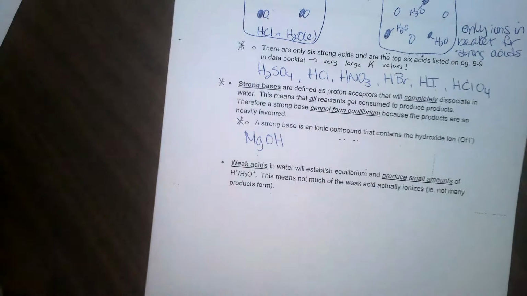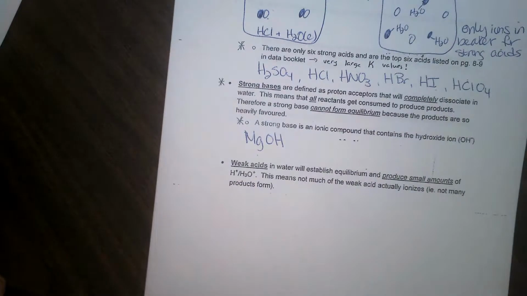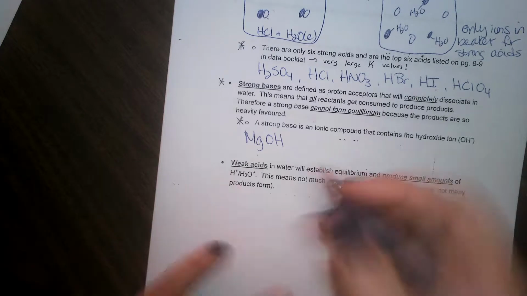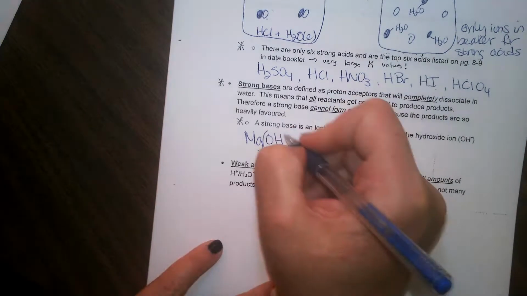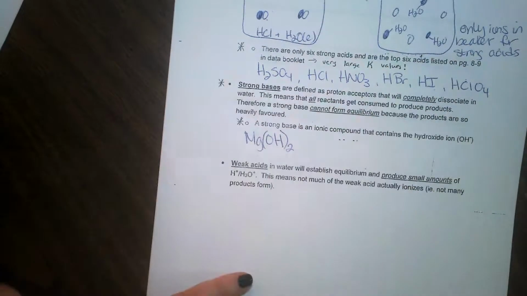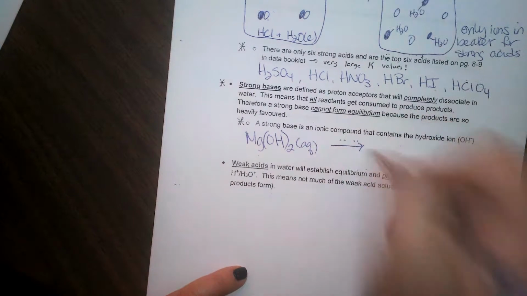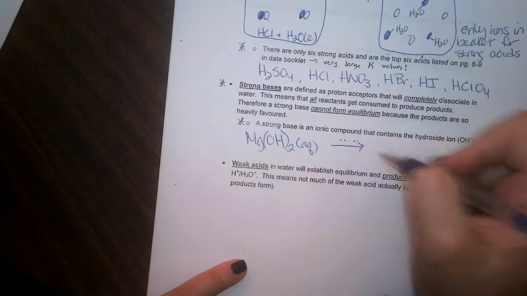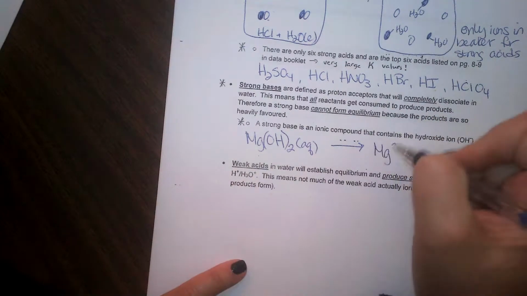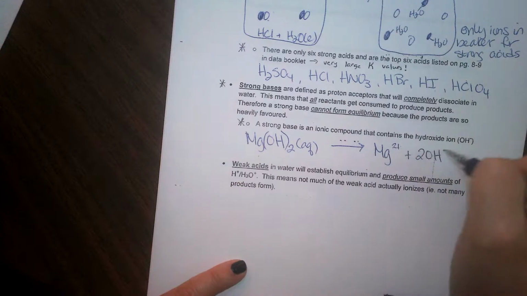What's the charge on magnesium? Use your data book. 2 plus. What's the charge on hydroxide? 1 minus. So we've got to make sure we're balancing these out. We're going to get a magnesium ion, and we're going to get 2 hydroxide ions.